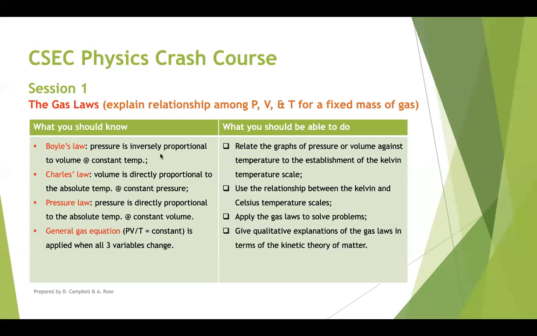Now, in terms of the kinetic theory of matter, you can envision that if you have a gas that is held in a fixed container, if you keep the temperature constant and you apply pressure to that gas, meaning that you squeeze down on the container, then the space that the gas has to move about in would decrease.